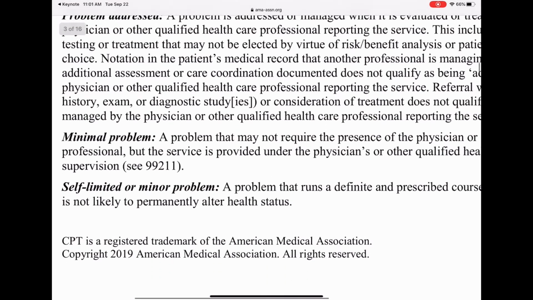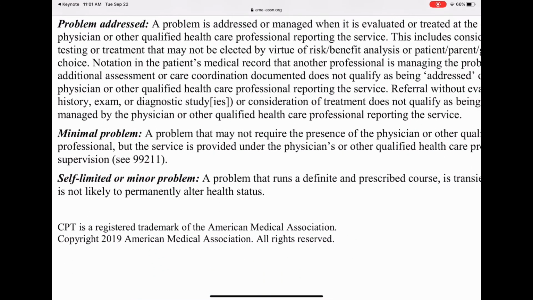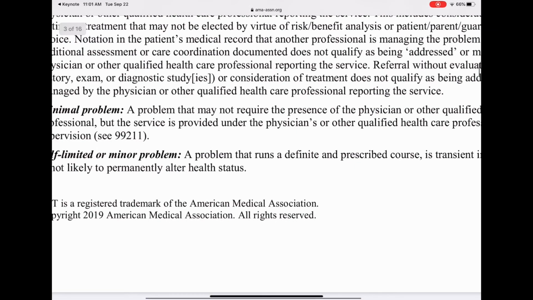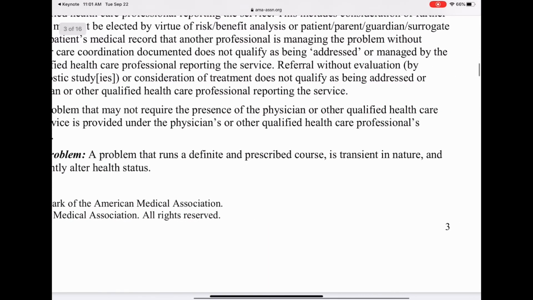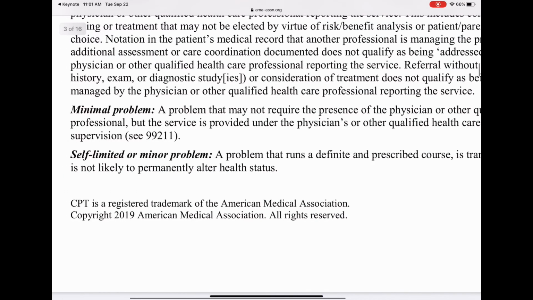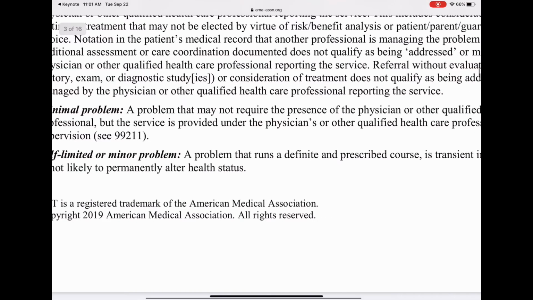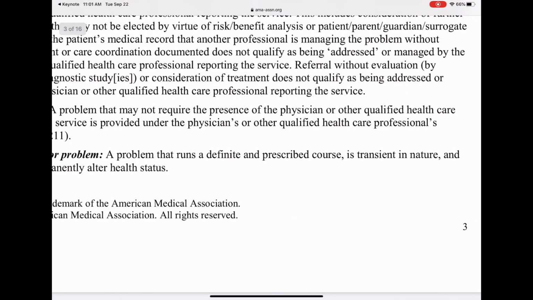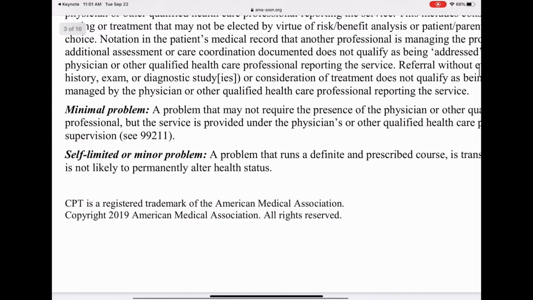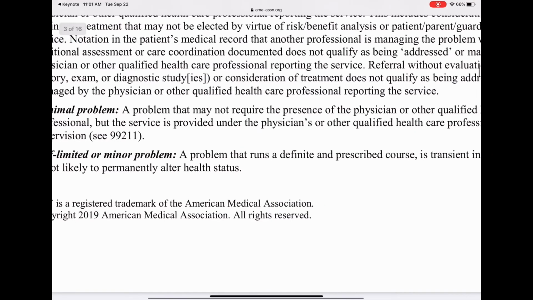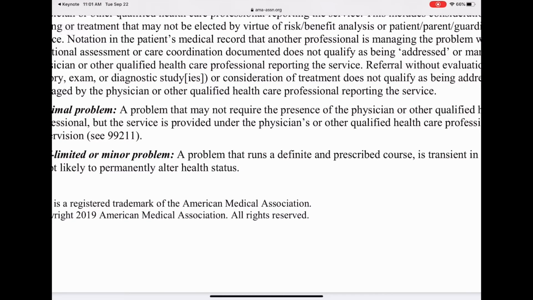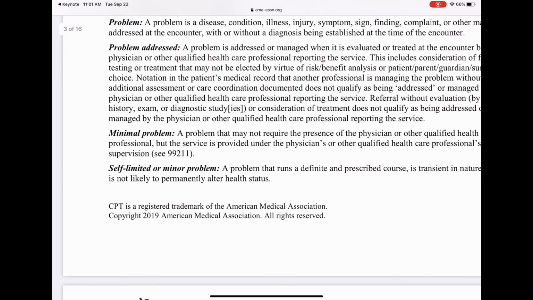Now, this is where they get clear on some things. It says notation in the patient's medical record that another professional is managing the problem without additional assessment or care coordination documented does not qualify as being addressed or managed by the physician or other health care professional reporting the service. So let's think about this from a family practice standpoint. Say you have a patient that comes into the office and they have osteoarthritis or something like that.